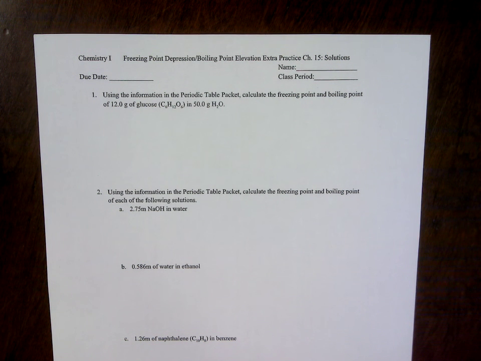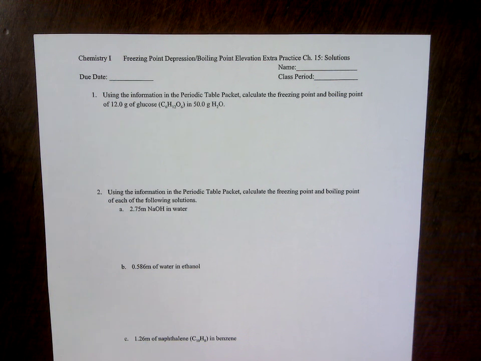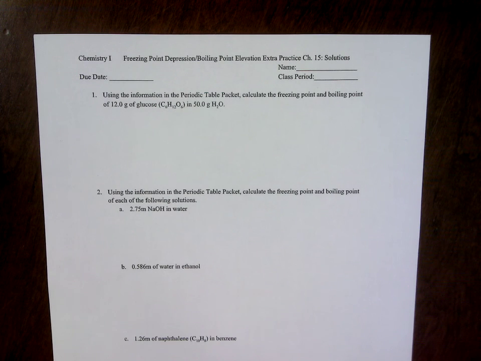So remember a couple of things with our freezing point depression and our boiling point elevation. They're going to have very similar formulas, and they are going to look like this.